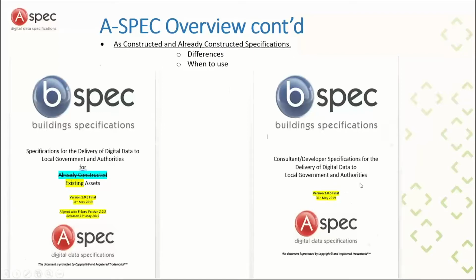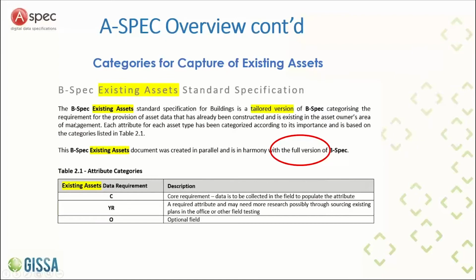and on the right, the specification that you would have normally seen that have been developed along the way. So the major difference is that the existing assets document has some additional categories. They are both identical versions. So the existing asset document is based on the full version of B-Spec.